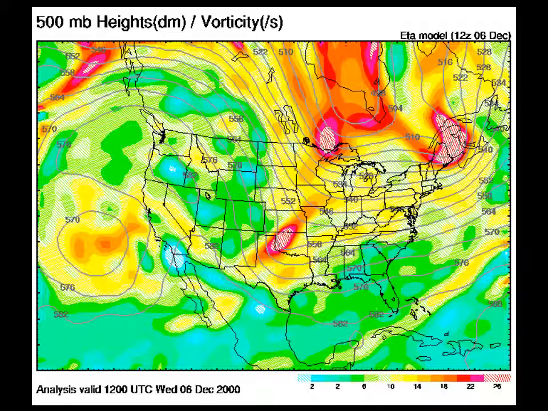I think that's the units they use, radians per second. Also in ridges, you can see that it is slightly positive or maybe even negative, because what's plotted on this map is absolute vorticity, which is the Earth's plus the relative vorticity.